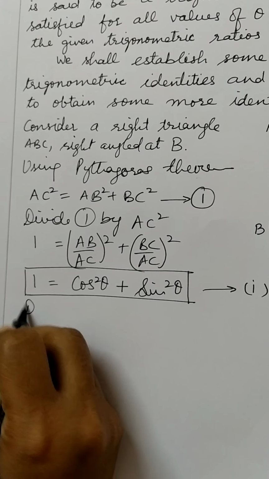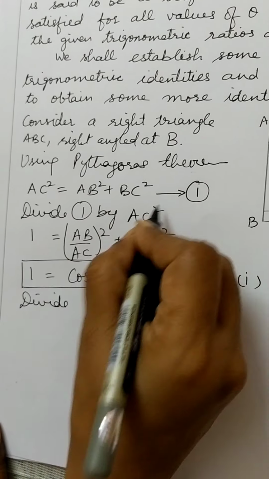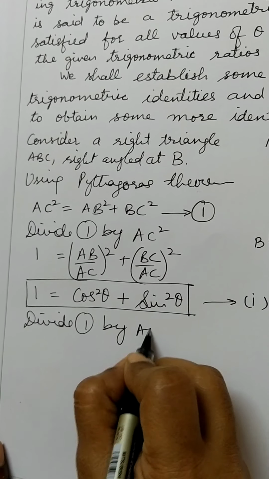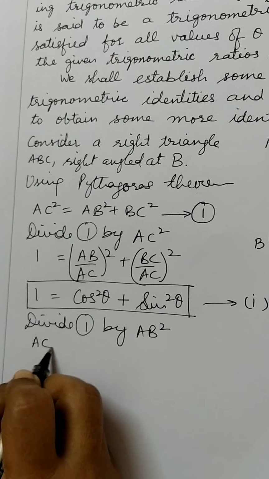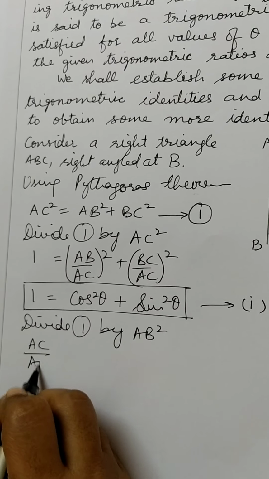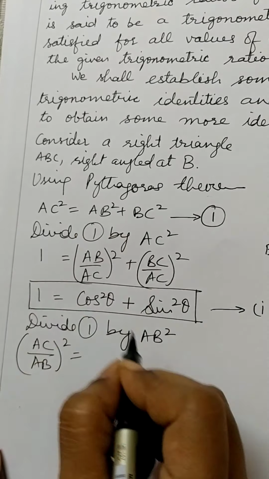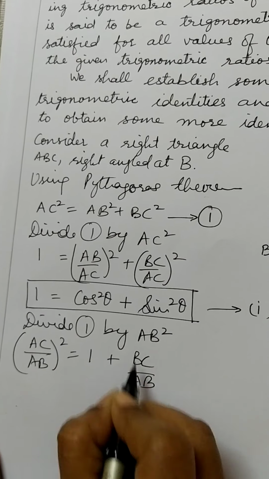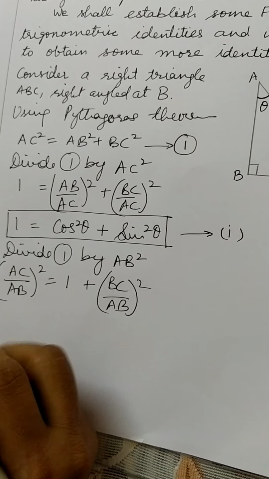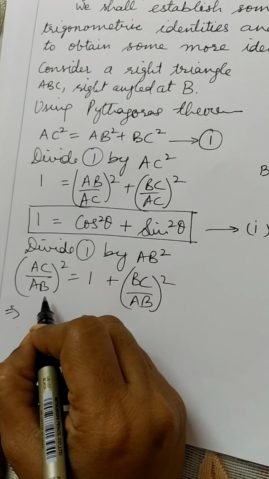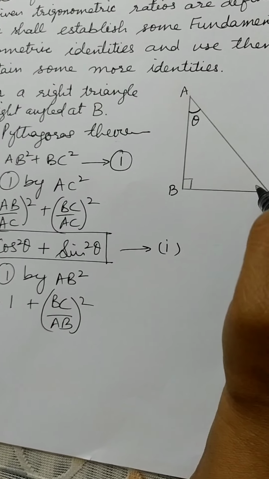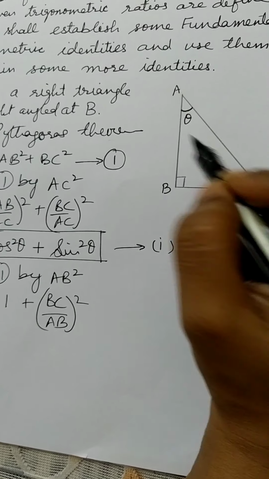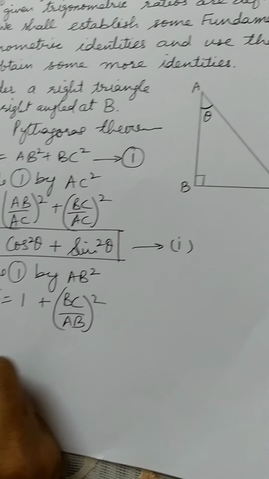Secondly, if we divide equation 1 by the second term, AB square, the left hand side becomes AC upon AB whole square. AB square upon AB square will be 1 plus BC upon AB whole square. Okay, now let us look at the figure. AC upon AB: AC is the hypotenuse and AB is the side adjacent to theta. Now hypotenuse upon adjacent side is sec theta.